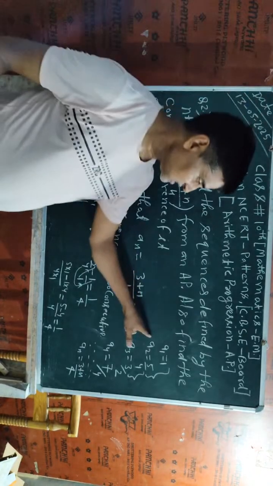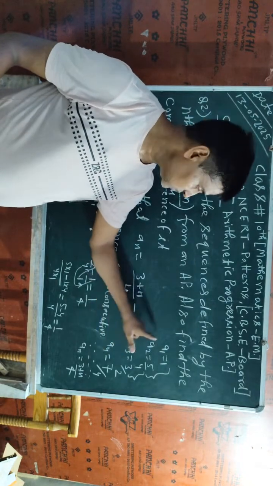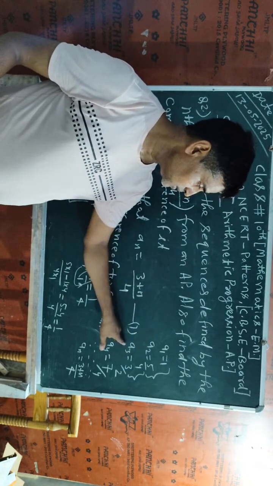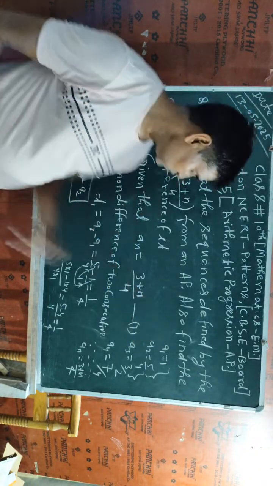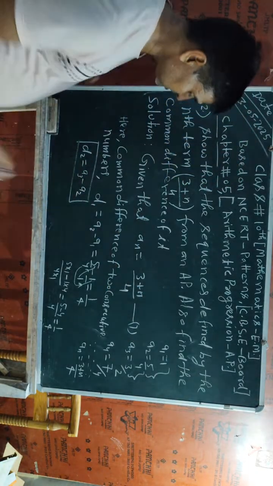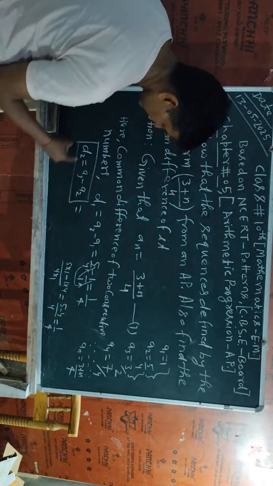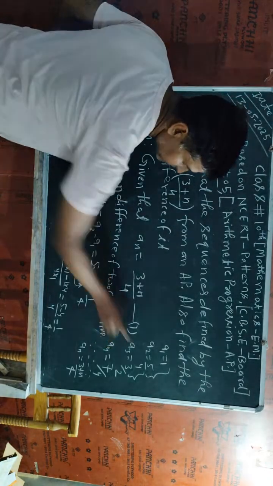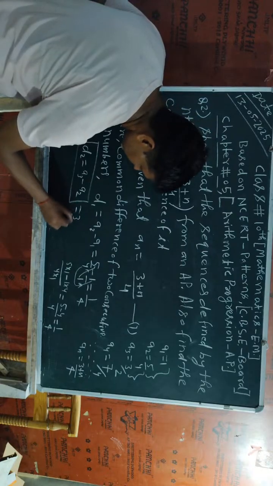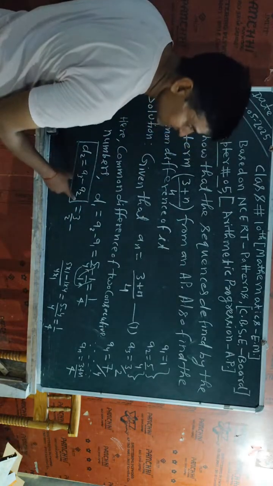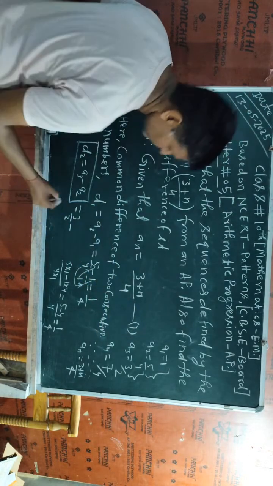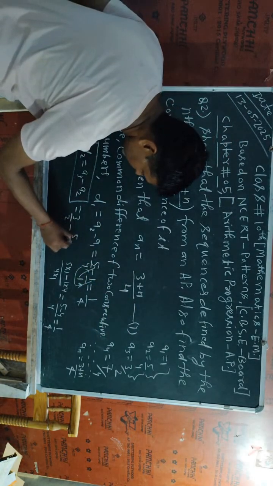This is the second term and this will be the first term if I take these two consecutive numbers. So the value of A3 I have to write here. The value of A3 is 3 divided by 2 and the value of A2 is 5 divided by 4.